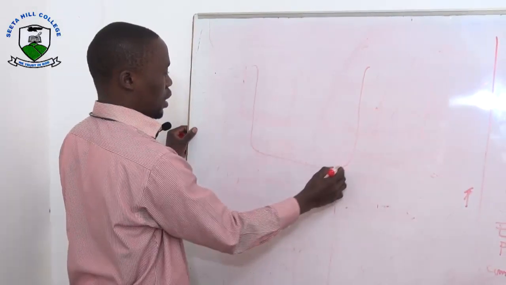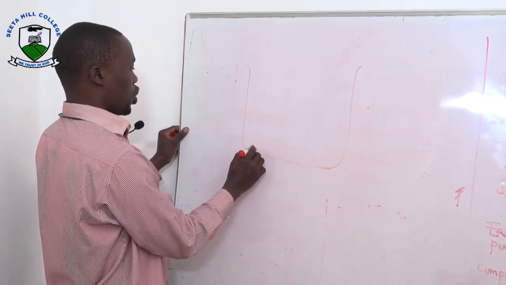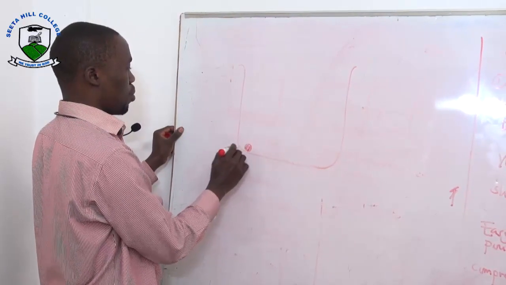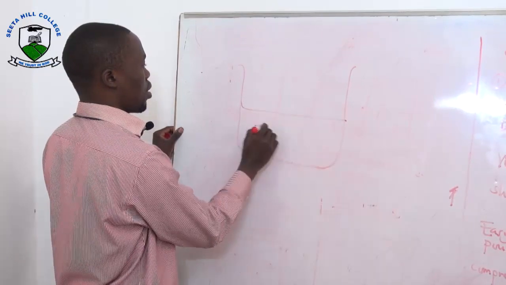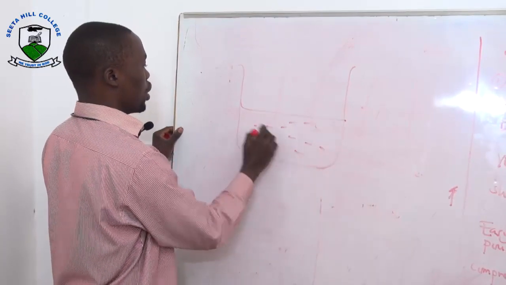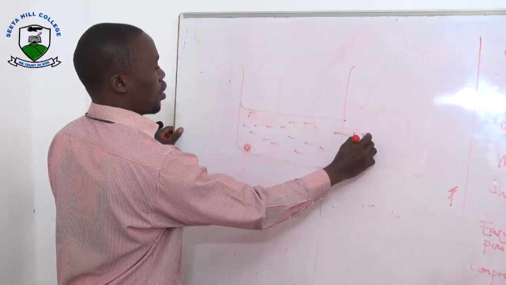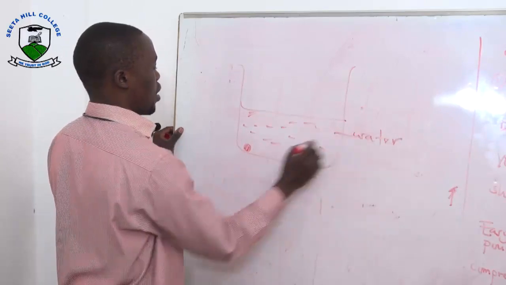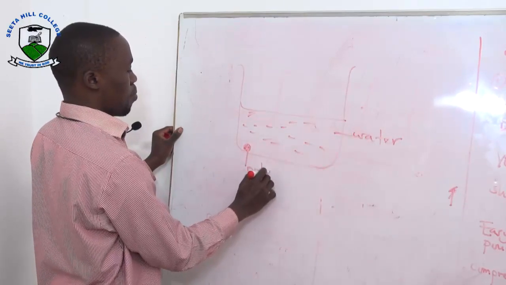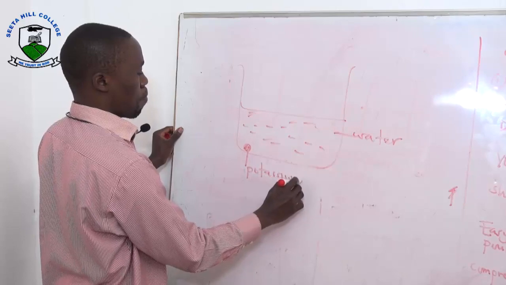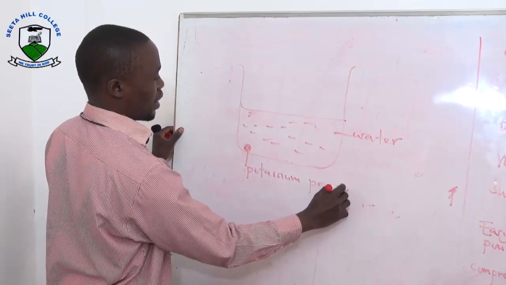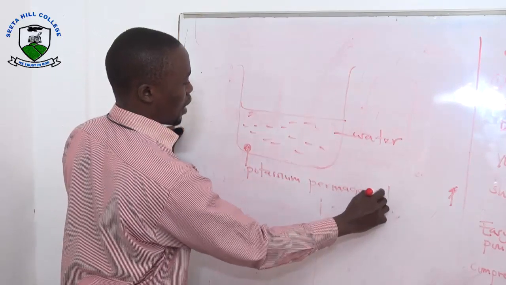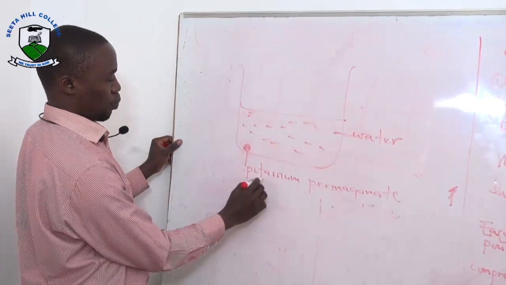When we put a crystal of potassium permanganate at the bottom in colorless water, this is water, potassium permanganate crystal.